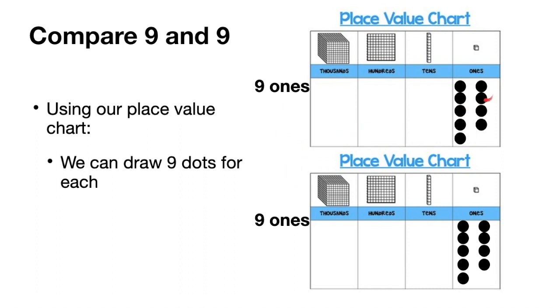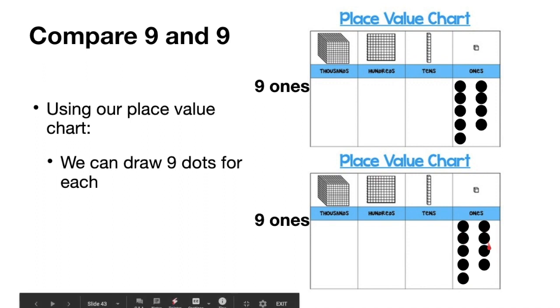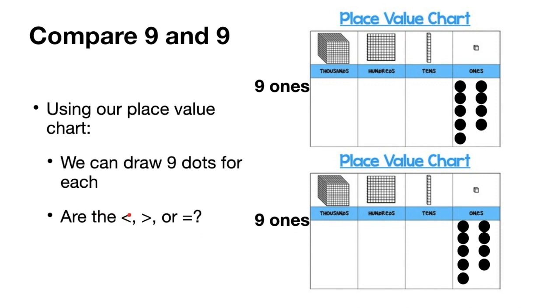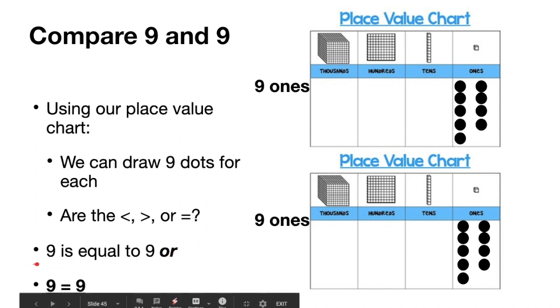So all we have to do is draw 9 ones, which I'm doing as dots over here since you guys will be doing that. So are they less than, greater than, or equal to? The answer is pretty obvious. 9 is equal to 9, or 9 equals 9. Okay?